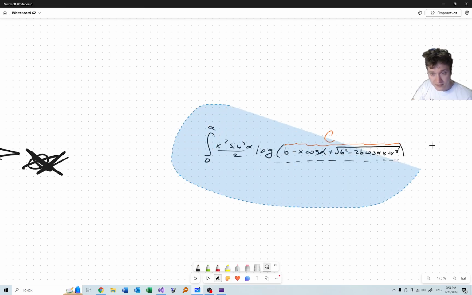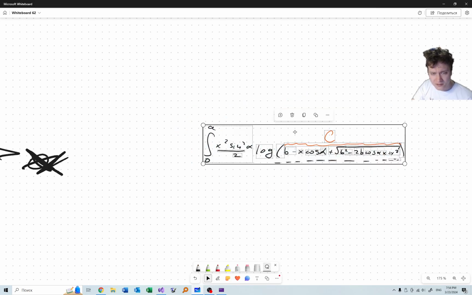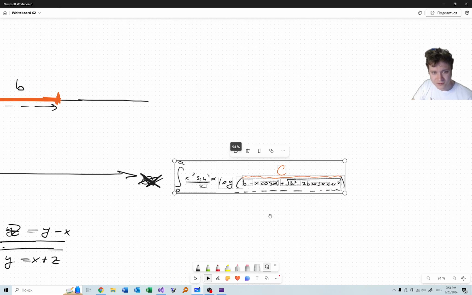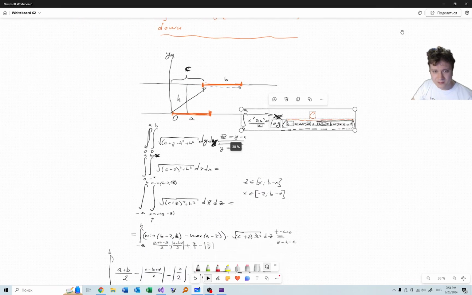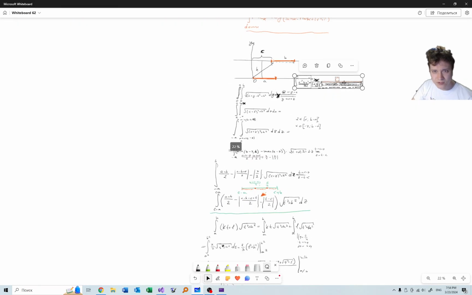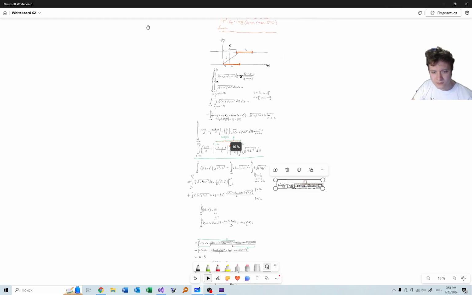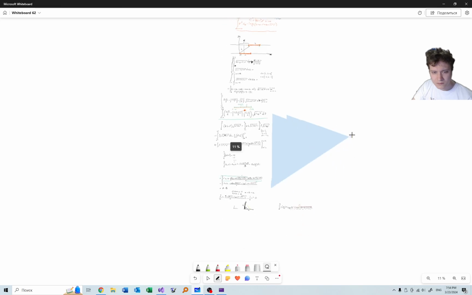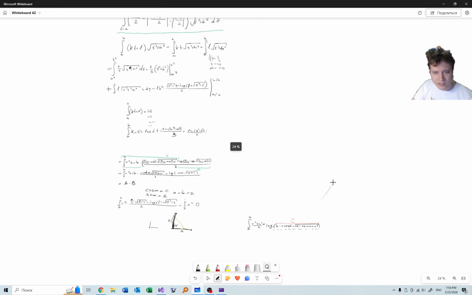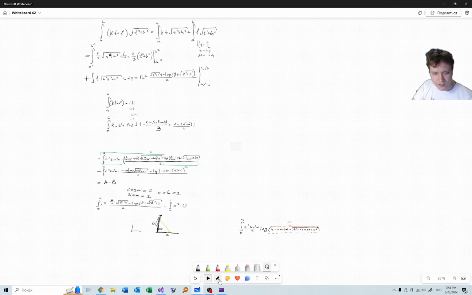It seems like maybe we will need to take this integral again. While I don't want to do it, I will have to do it. Okay, let's move it to the bottom of our page. Oh no. Okay, I have moved it to the bottom of my page.